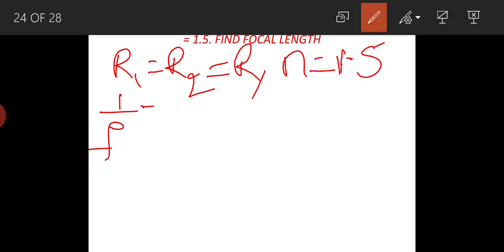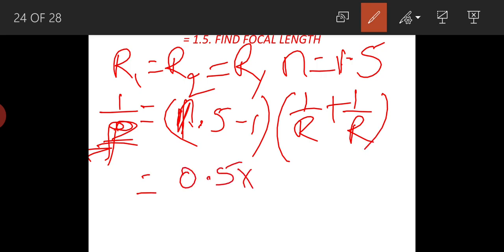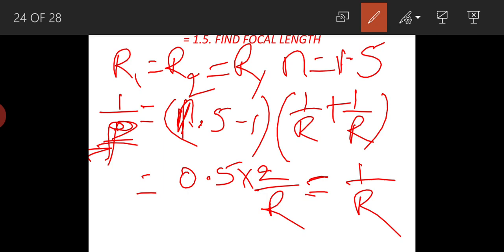So 1 by f is equal to, formula for convex lens, n2 by n1 minus 1, that is 1.5 minus 1 into 1 by r plus 1 by r. 0.5 into 1 by r plus 1 by r is 2 by r. So this is 0.5 into 2 is 1 by r. So 1 by f is equal to 1 by r, f is equal to r.